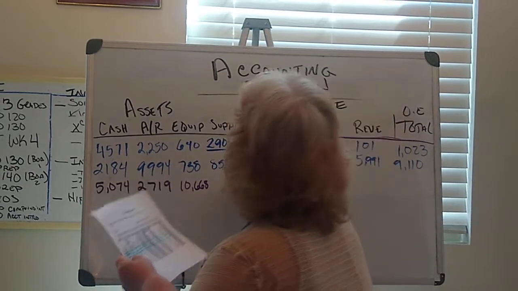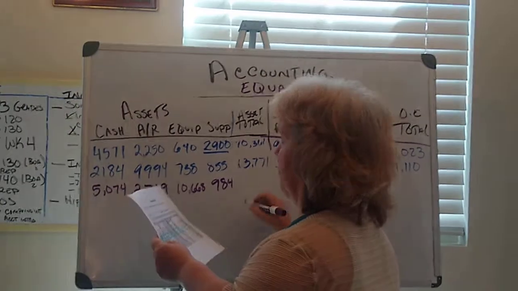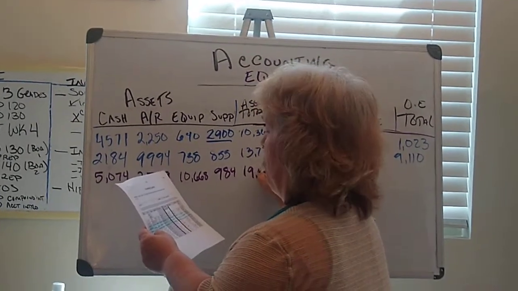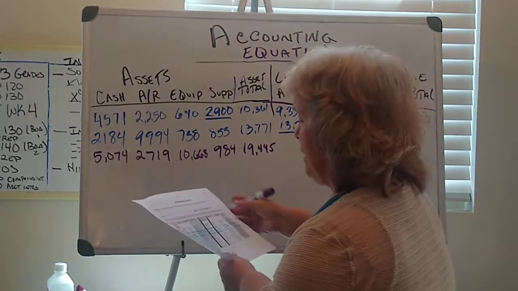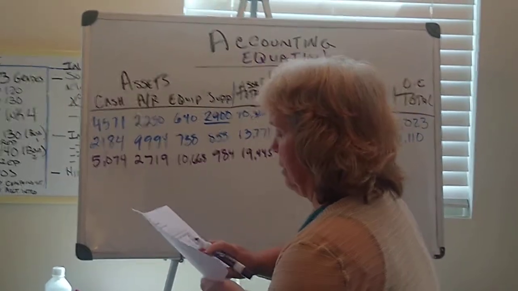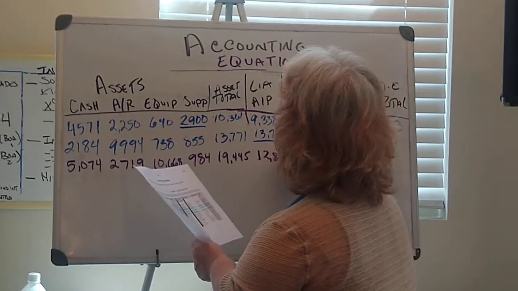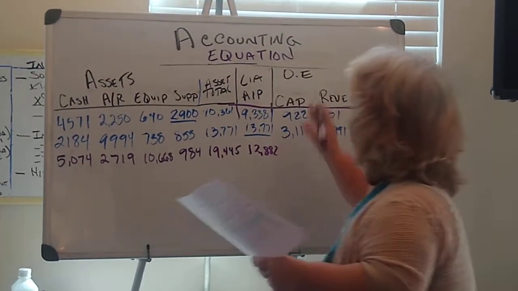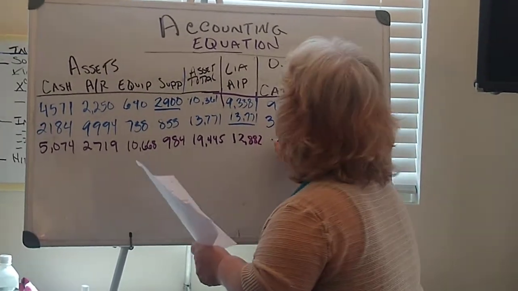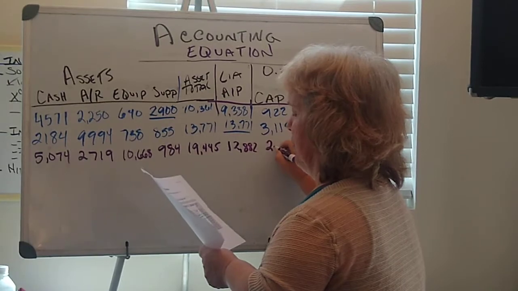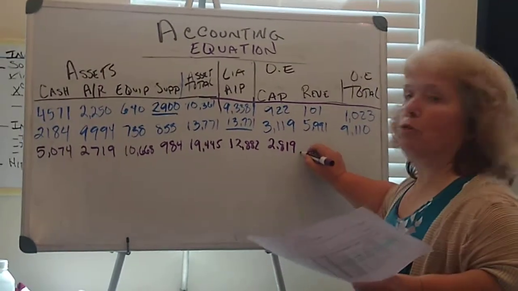And supplies, 984, which gives us a total of 19,445. We have liability, accounts payable, as 12,882. Now over here under owner's equity, we have under capital 2,819. What's missing is revenue.